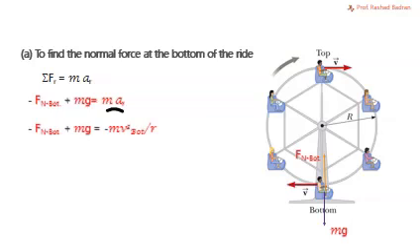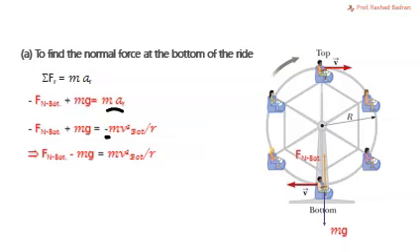By considering the acceleration as with a negative sign here, minus v squared at the bottom over r, and then rearranging the terms, we get F_N at the bottom as, if we are multiplying both sides by a negative sign, F_N minus mg equals mv squared over r.